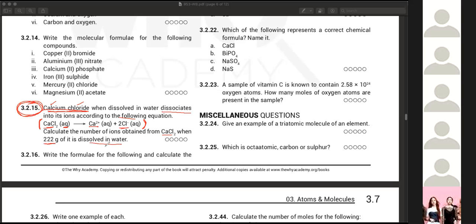So how will you do this? Ma'am, first we'll calculate the total number of ions in 1 gram, and then you'll multiply it to 222 grams. You're kind of correct, Tashvi, but instead of 1 gram, what quantity are you going to use? Like mass से तो कोई लेना देना नहीं है ना इसका, like law of conservation of mass तो it will apply.